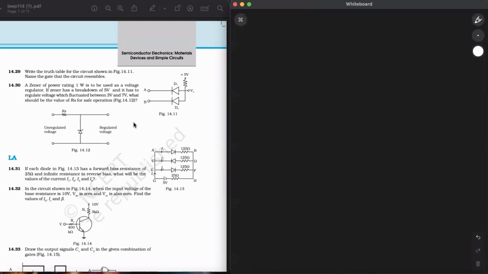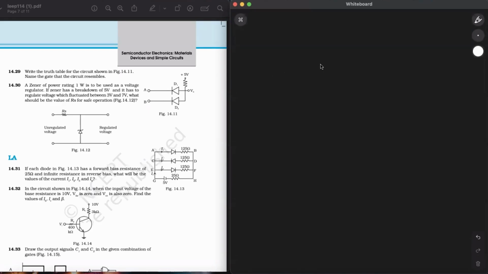Okay, so a zener has a power rating of 1 watt, and it is to be used as a voltage regulator. Breakdown of 5 volt, and it has to regulate voltage which fluctuates between 3 to 7. What should be the value of RS for safe operation?